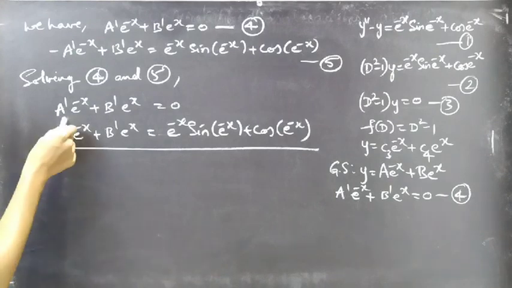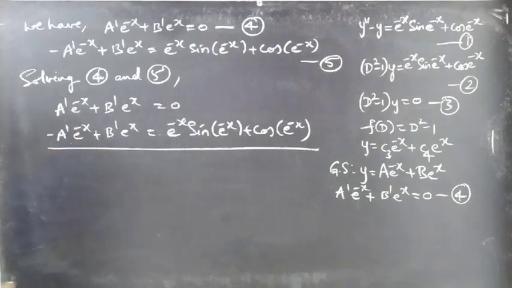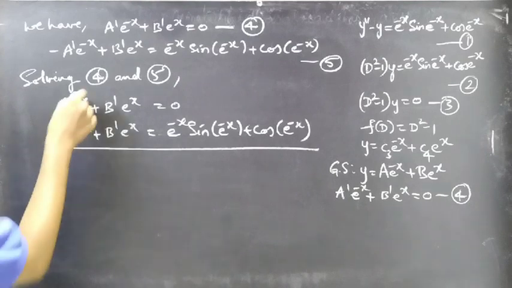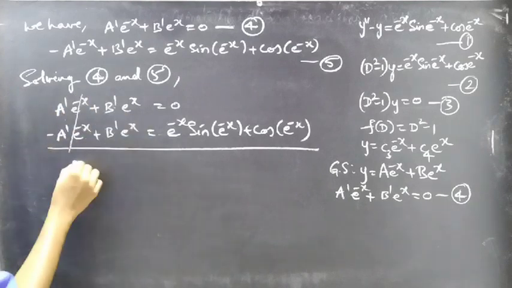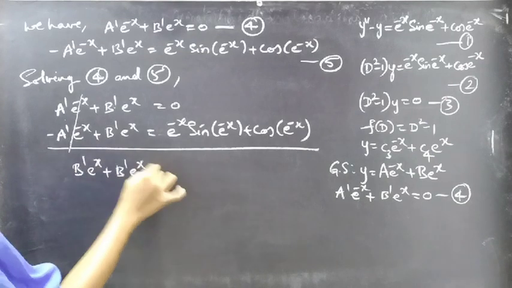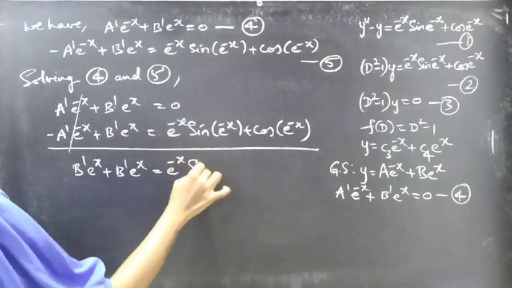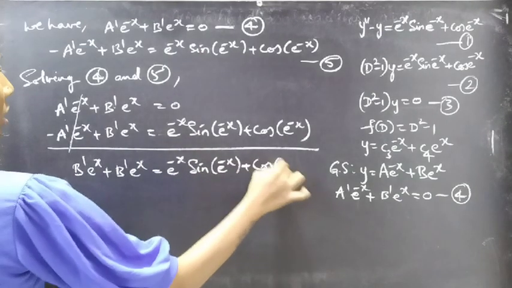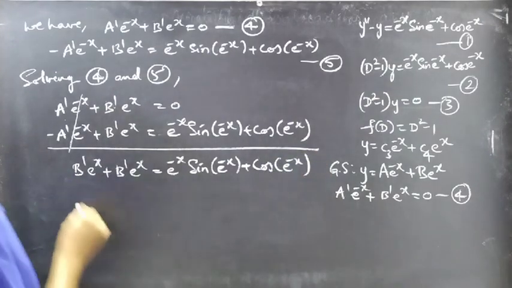So here plus a dash minus a dash, plus a dash e power minus x and minus a dash e power minus x gets cancelled, and we'll get b dash e power x plus b dash e power x equal to e power minus x sine e power minus x plus cos e power minus x, right?